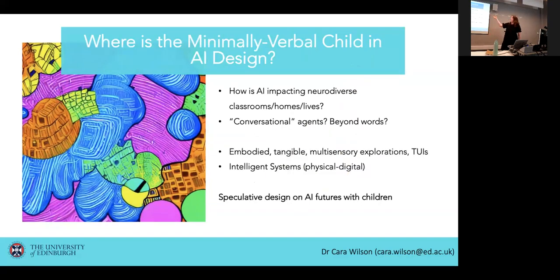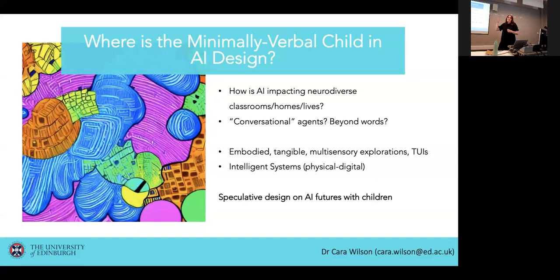Obviously, I'm also interested in where is the minimally verbal child in AI design. If children aren't really involved in the process of design of AI, it's highly likely that minimally verbal children are almost completely left out of that conversation. And that's really important because what about things like conversational agents?